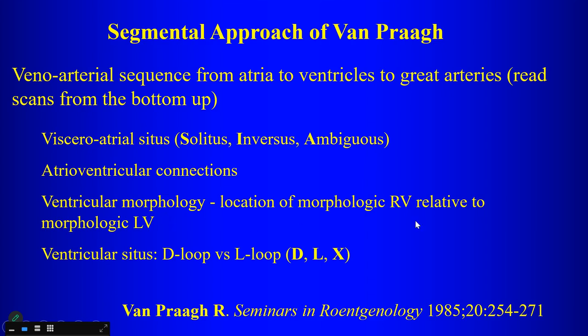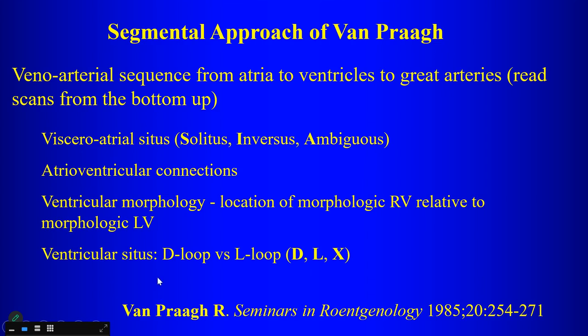So where is the right ventricle, of course, relative to the left ventricle? You need to figure that out. You need to know the morphology of the ventricles to figure out the atrioventricular connections. When you've decided where the morphologic atria are, you need to decide where the morphologic ventricles are, what side they are on, and which ones are connected to what. Where's the morphologic left ventricle, what atrium is that connected to?